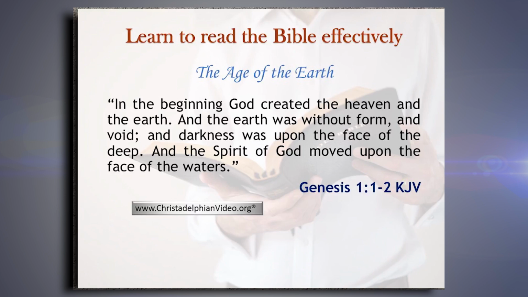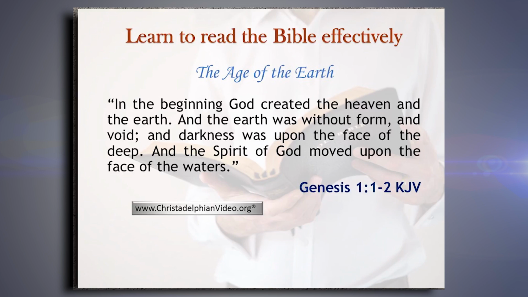And that shows us that the 2 problems, if you like, with the earth before creation happened are being resolved. So the earth was without form and void, there was no structure and there was no life. God saw this and decided to change that situation.